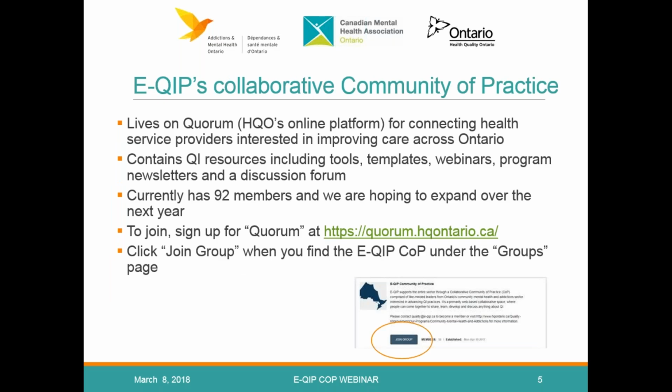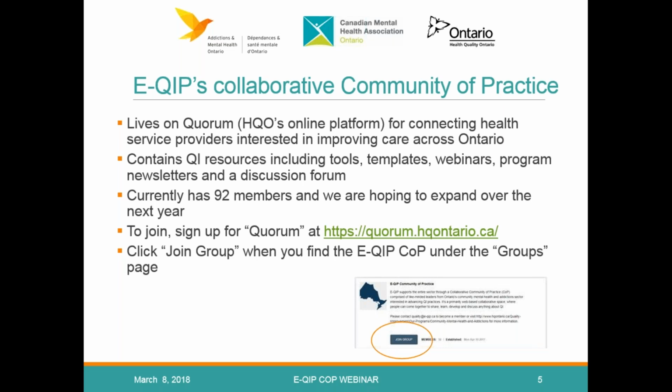E-QIP's community of practice lives on Quorum, and Quorum, as Christina mentioned, is HQO's online platform for connecting healthcare service providers in Ontario that are interested in learning and sharing ideas about improvement in healthcare settings. Quorum and the E-QIP community of practice subgroup contain resources like tools, templates, webinar recordings, discussion forums, as well as membership lists that you can access through the site.